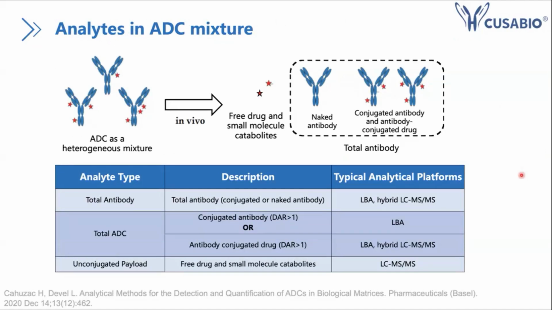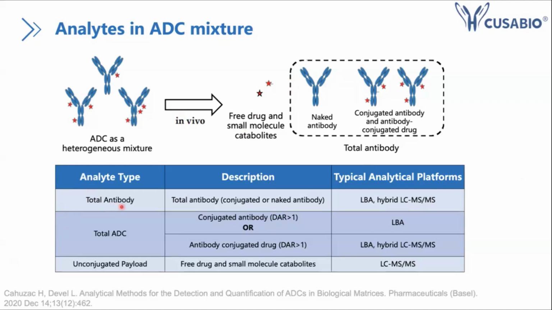And from here, I will have a summary about the analytes in the ADC mixture that we need to care about, especially after the in vivo biotransformation of the ADC: how many analytes there will be and how can we analyze them. So this is a summary table about the different analytes that you can find in the ADC mixture.